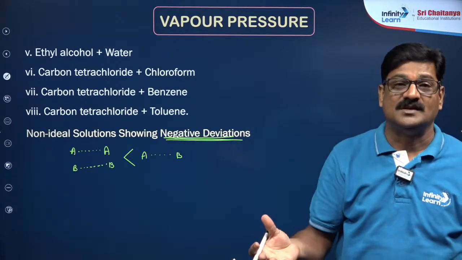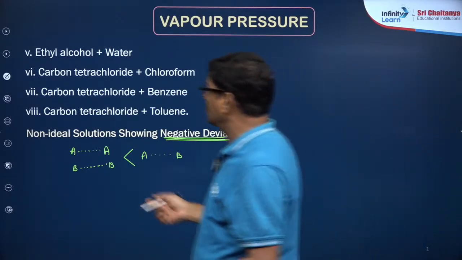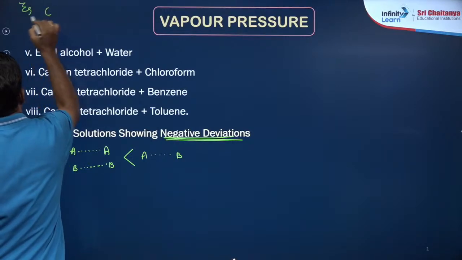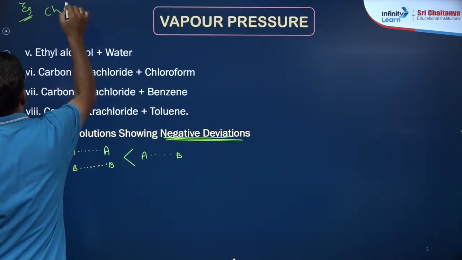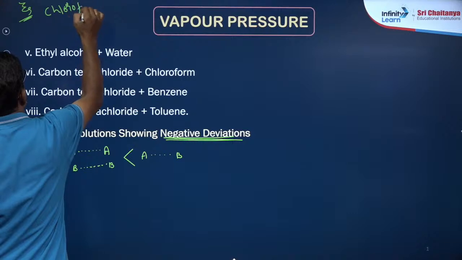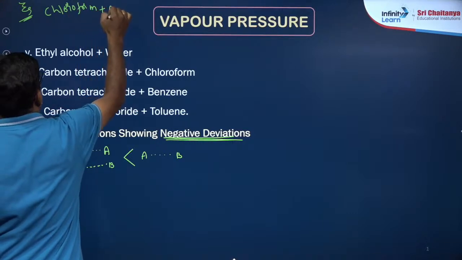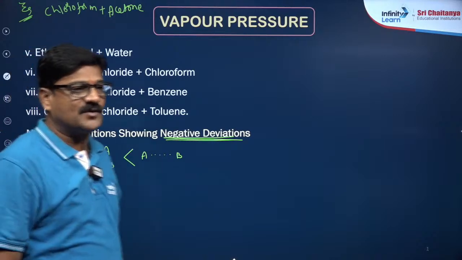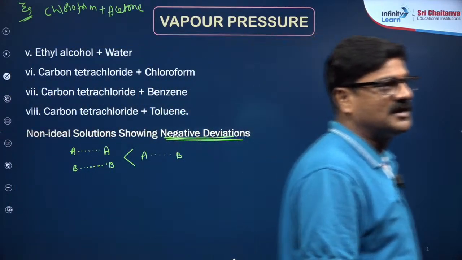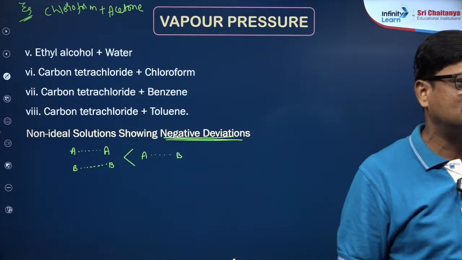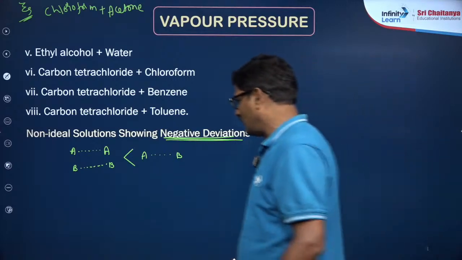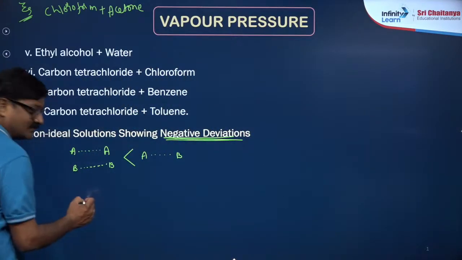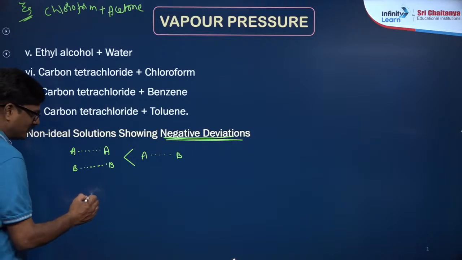How is it? Let us talk about an example: chloroform plus acetone. What is chloroform? Tell me the formula of chloroform. Pranav Balaji, Pranav, Neha, come on, tell me the formula of chloroform.